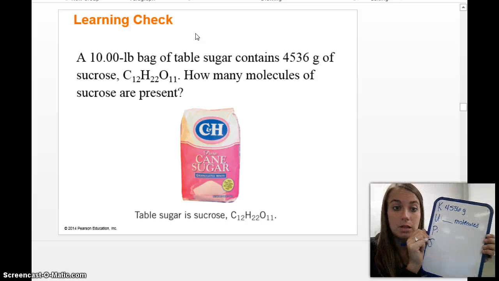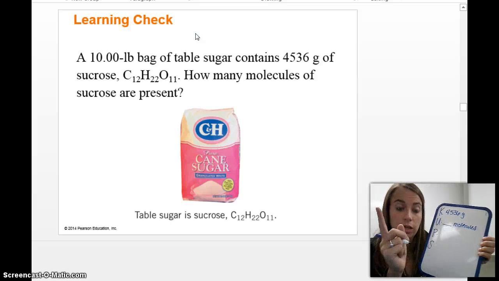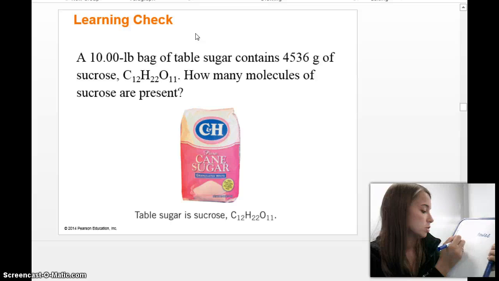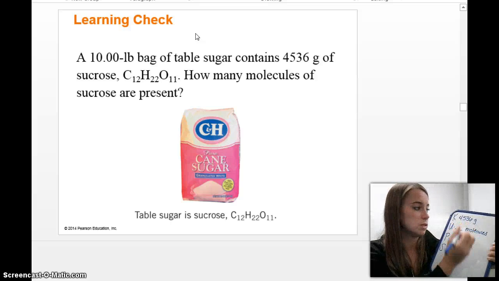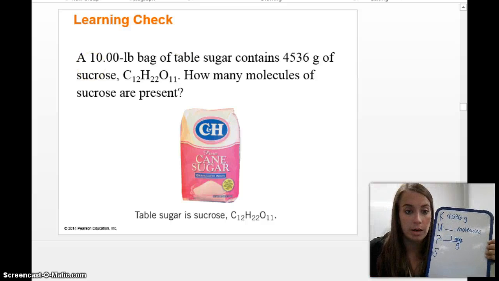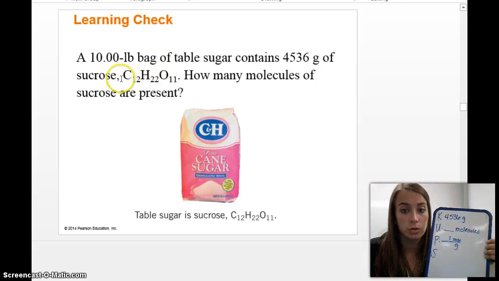My plan: I'm going to need 2 conversion factors. First, how do I go from grams to moles, and then how do I go from moles to molecules? To go from grams to moles, I need grams in the bottom, moles up top. So 1 mole, and then I have to know the molar mass of sucrose.